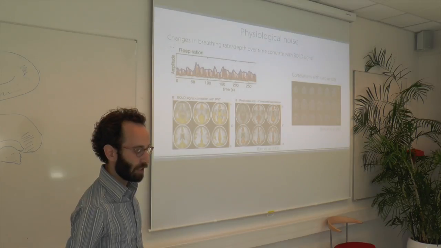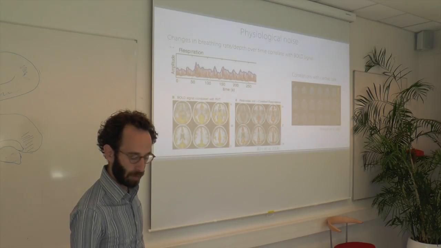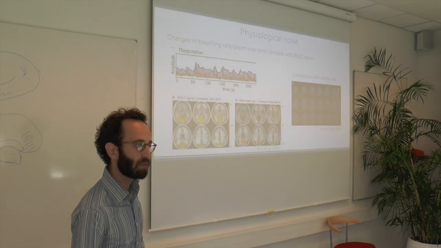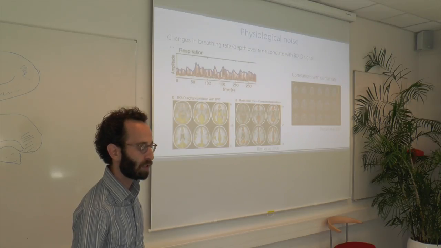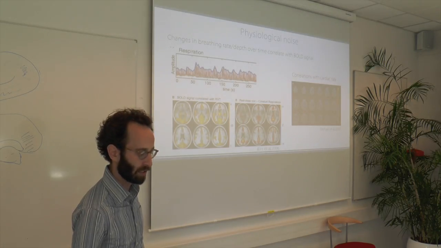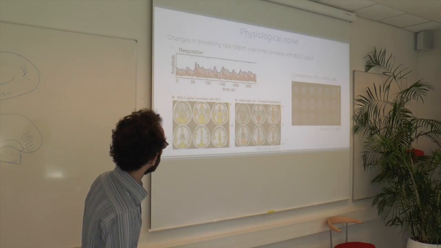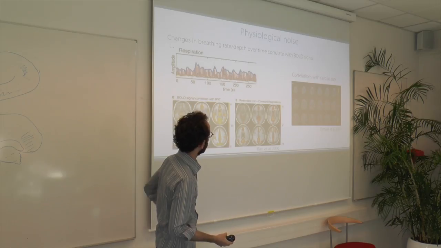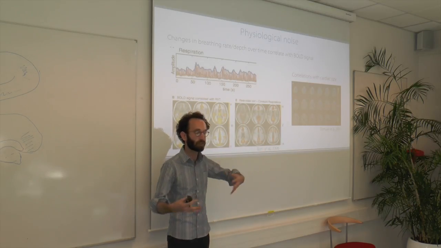I've already mentioned the interest in physiological noise. That is really one of the starting points for the field, because it's the question of, are these spontaneous fluctuations that we're observing purely the result of physiological activity? Here are some of the examples of how respiration relates, in this case, to the structure of the default mode.